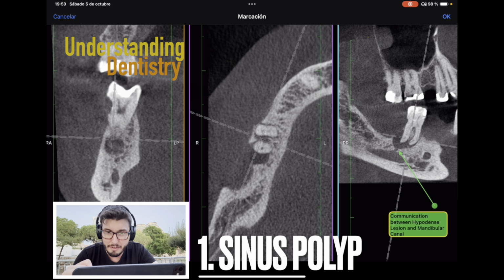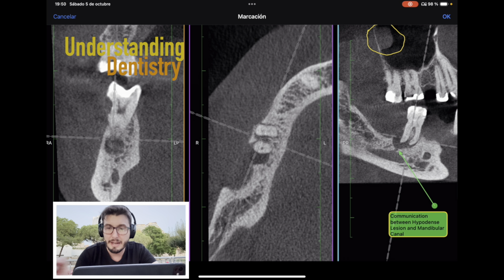So we have here first on the maxillary sinus, take a look at this. We have a hyperdense or radiopaque, because it's now of course CBCT, so we say hyperdense or hyperintense alteration attached to the posterior wall of the maxillary sinus.